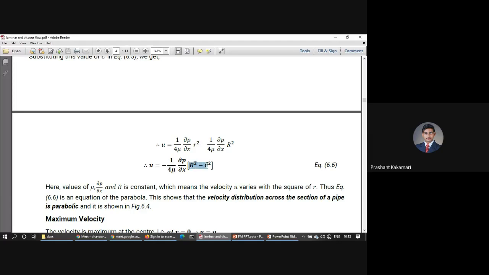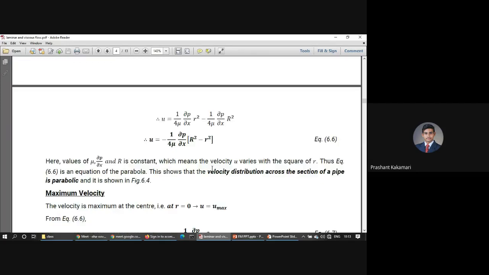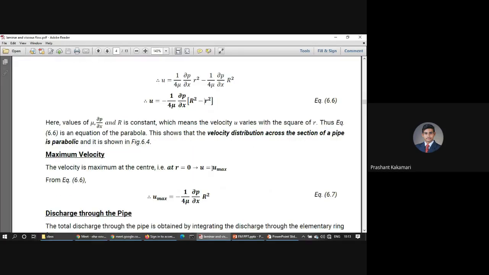Capital R is the total radius of the circular pipe, and small r is at a given distance from the center at which you want to find the velocity. Then using these equations of velocity, we found the maximum velocity point.